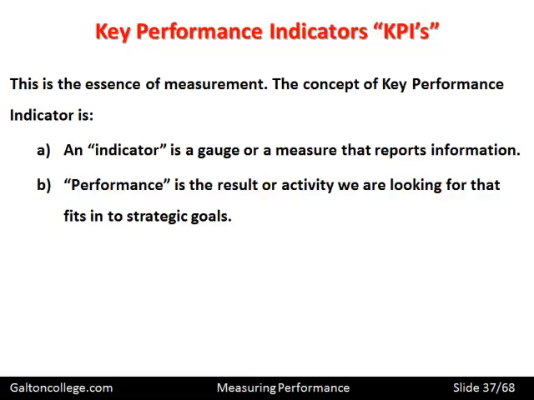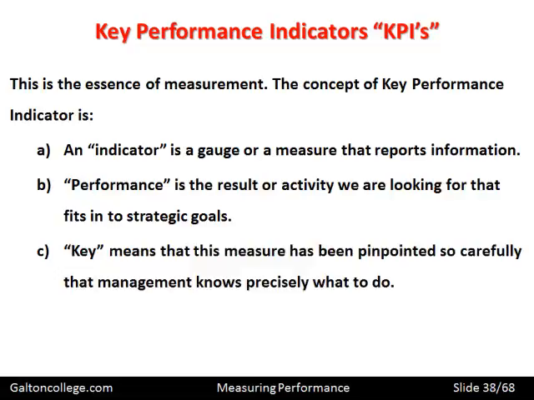And that's important. Key, the word key means that this measure has been pinpointed so carefully that management know precisely what to do. It's the key measure. This is the essential measure. This is the one that management is critically aware of. Management knows what this measure is and what it does. So it's a key measure.